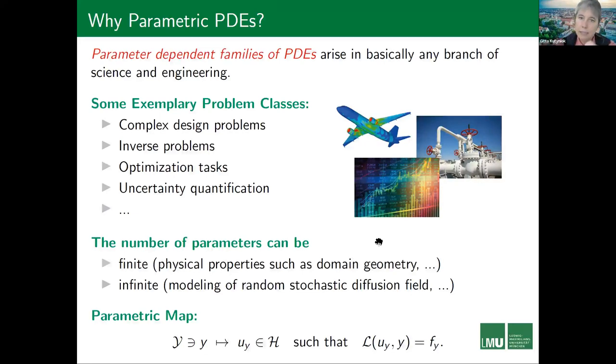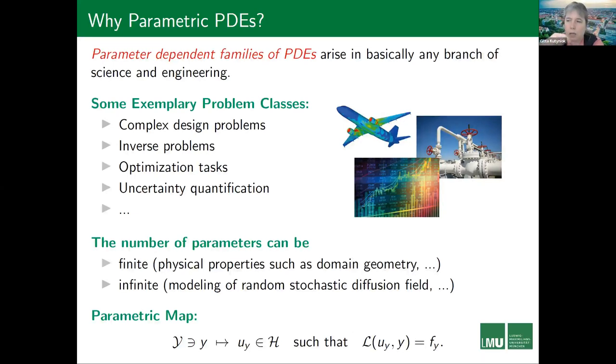And what is key here is the following. We have again the differential operator, we have the right-hand side, but now you see this y is one parameter from my parameter space Y. Everything now depends on this parameter y. The right-hand side depends on it, the solution depends on it, and the y is also maybe involved in some other non-trivial way.